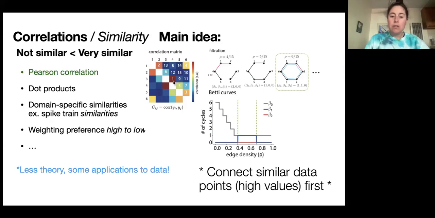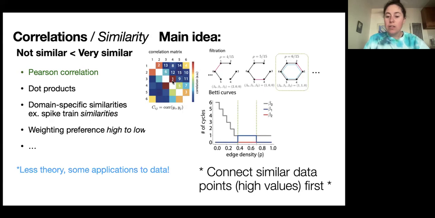In correlation matrices, high values actually reflect high similarity between data points. So we want to add edges between the data points whose correlations are high first. We see that the high values of correlation, shown in the darker reds and oranges, are going to be added at the earlier steps of the filtration.